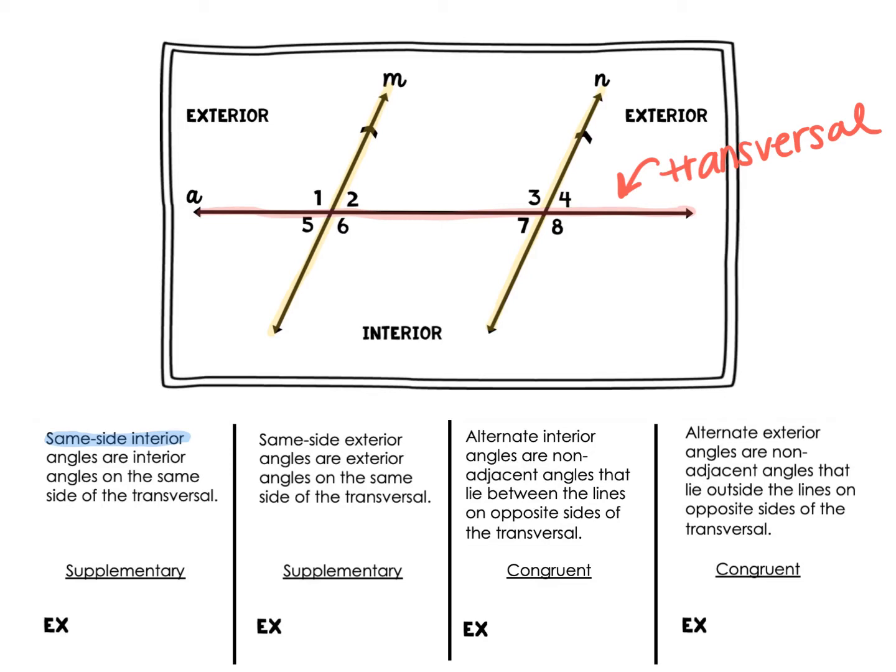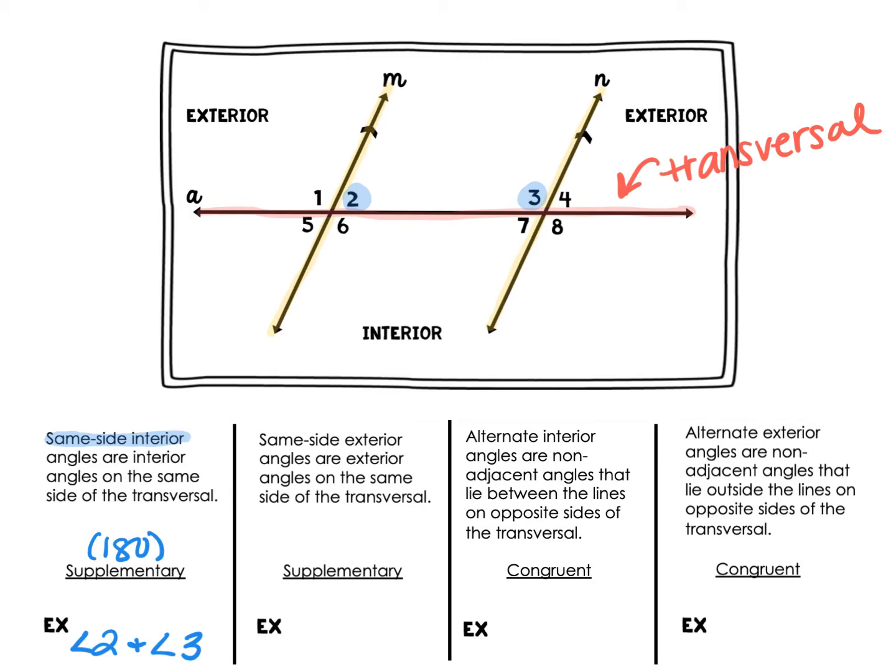I'm looking for ones that are either both on top or both underneath. So 2 and 3 are an example of a set of same side or consecutive interior angles. And these are supplementary, which means they add up to equal 180.